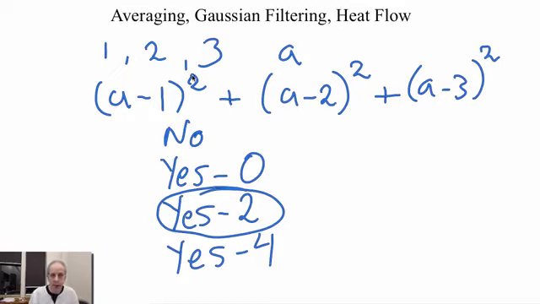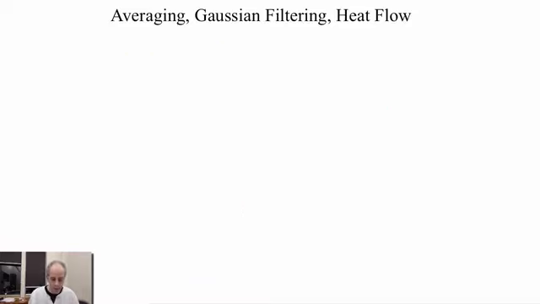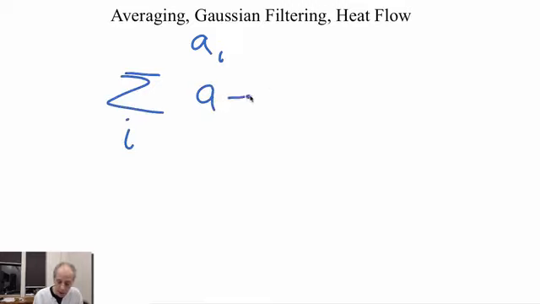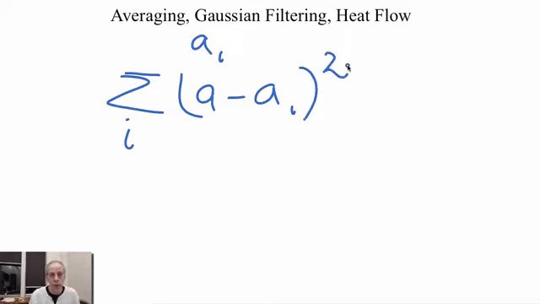This is a very interesting property that in general reads as follows. If I give you a set of numbers, let's call them a sub i, and I'm asking you to find the number a such that the sum over every i of (a minus a_i) squared is as small as possible, the result is the average of the a_i.